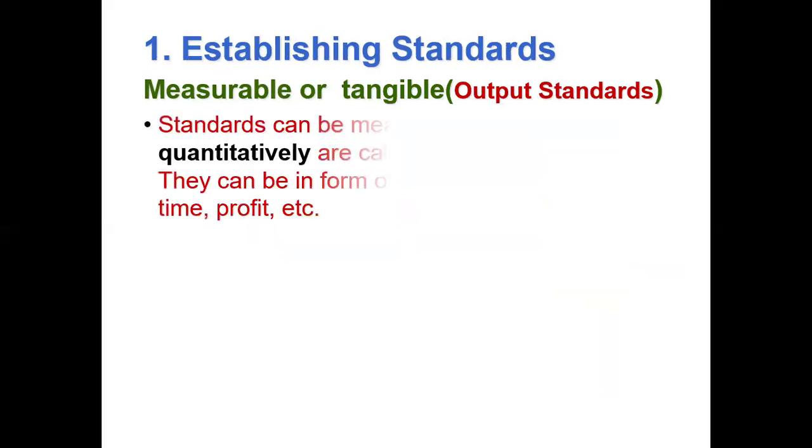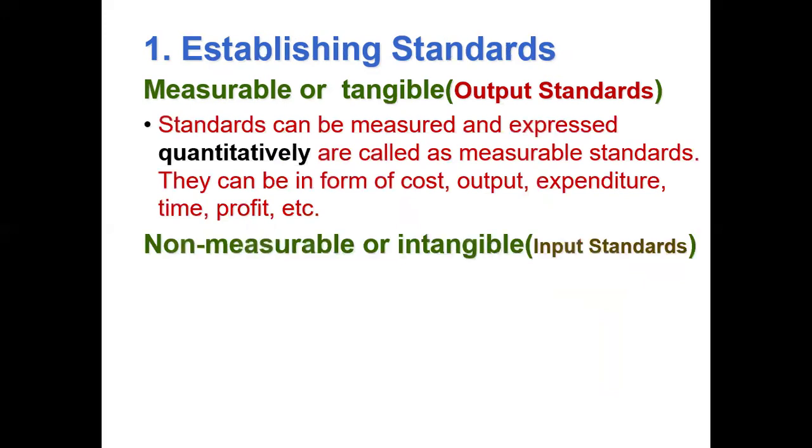We know that there are two types of standards: tangible and intangible. Measurable is tangible, non-measurable is intangible. Measurable means it is expressed in quantity, in units like gram, kilogram, or rupees.